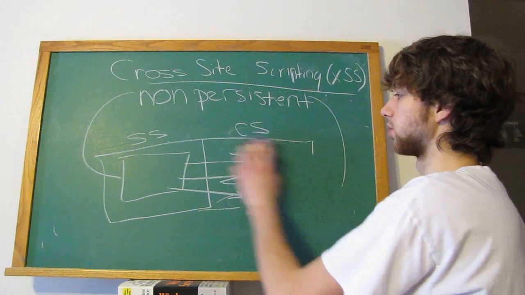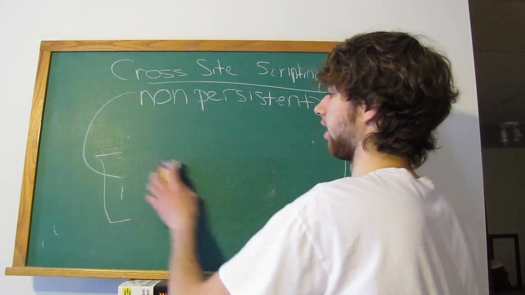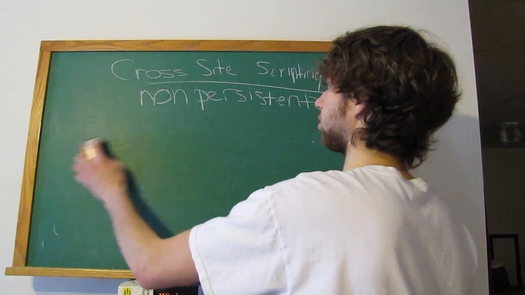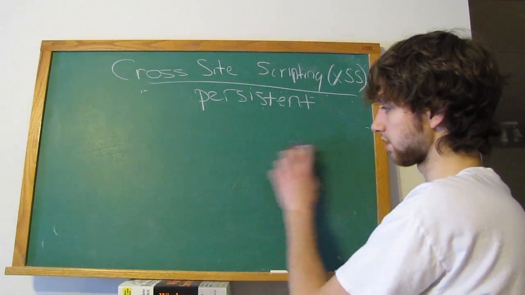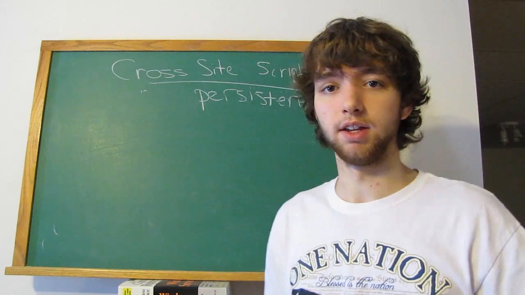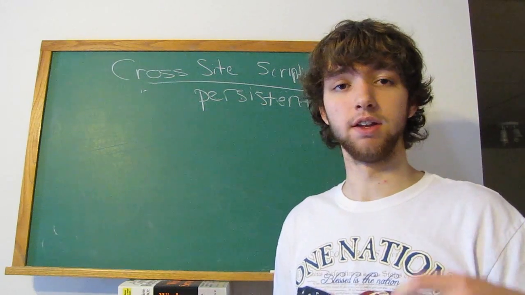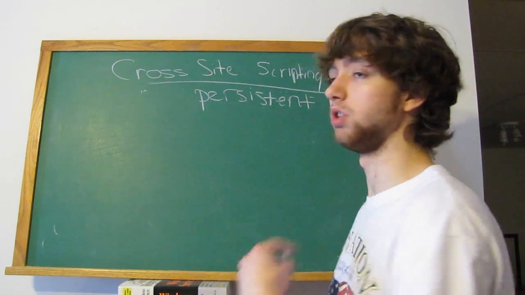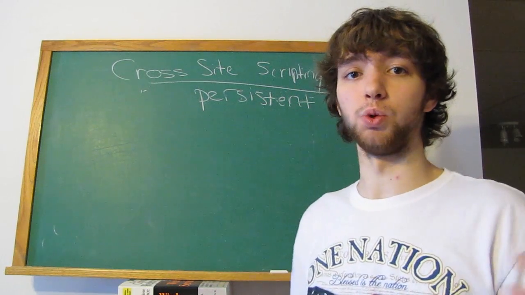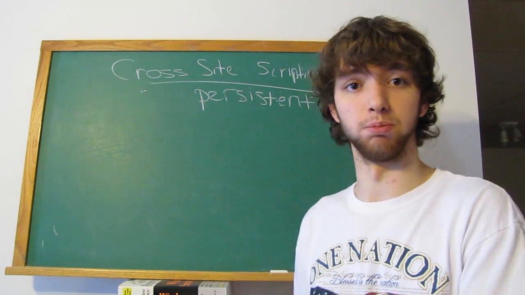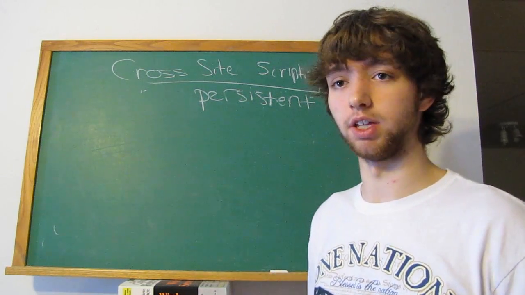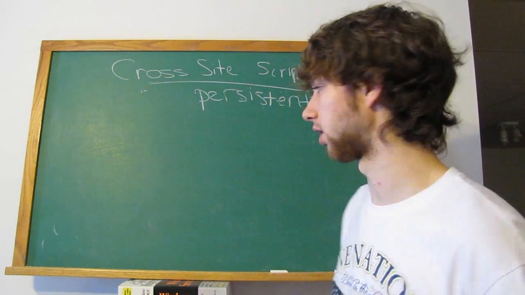So that's the difference between non-persistent and persistent. A persistent attack is where the actual database or the server side is infiltrated. That script is then given to the actual web server, which then unknowingly sends that script to all kinds of other people. So the classic example of this is a social network.